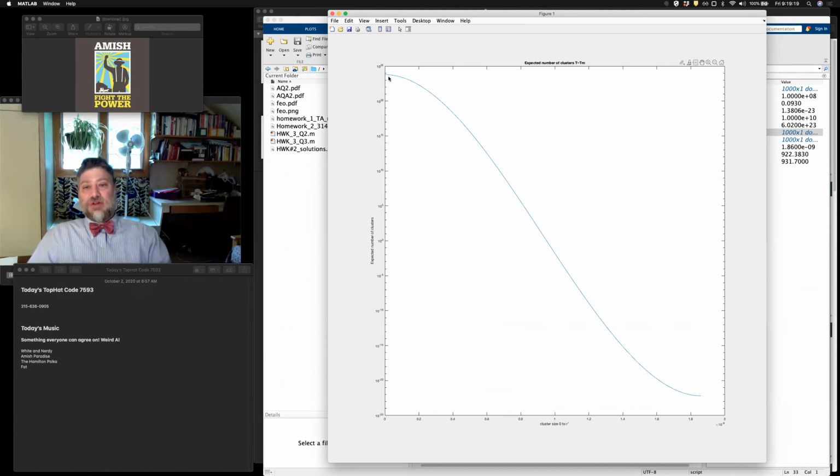Here's the number of clusters, right? If I have a really, really small cluster of like 1 atom or so, I have 6.02 times 10 to the 23. And this really falls, and at R star, I'm predicted to have 10 to the minus 20 something clusters. So essentially 0.